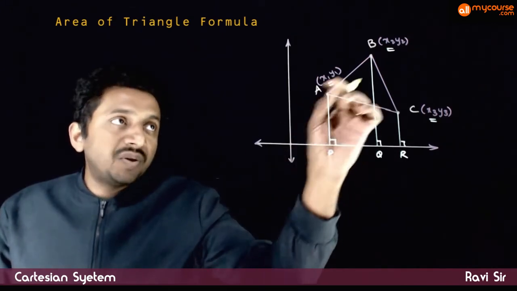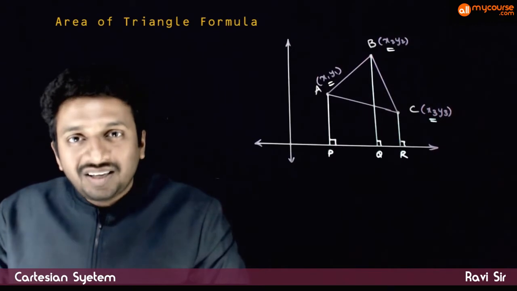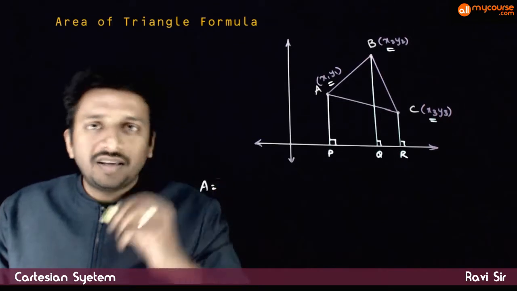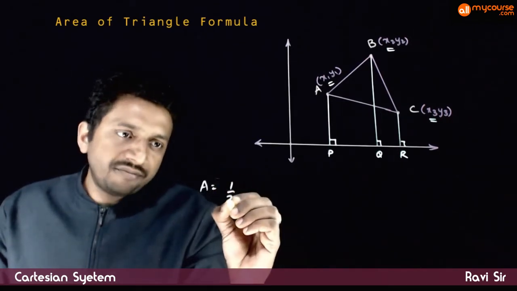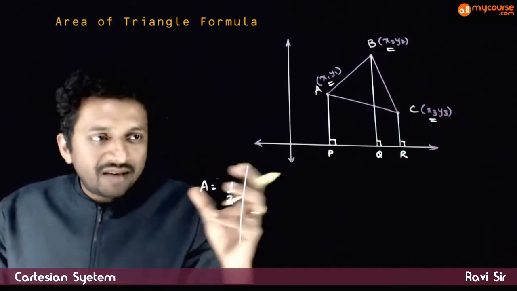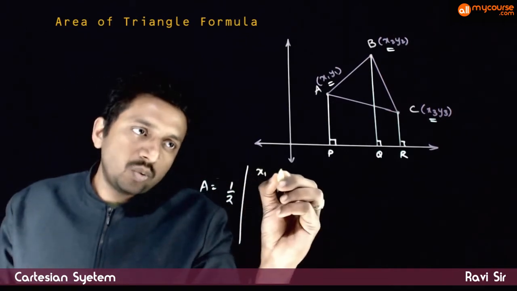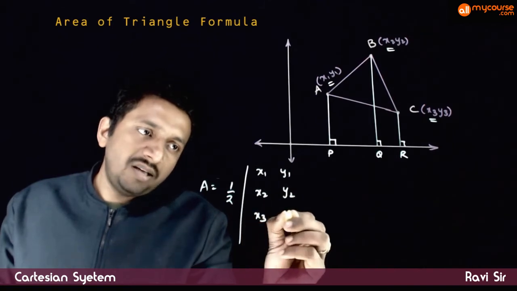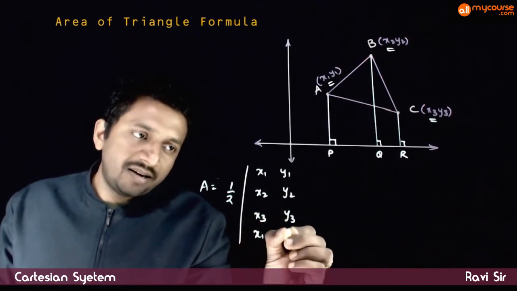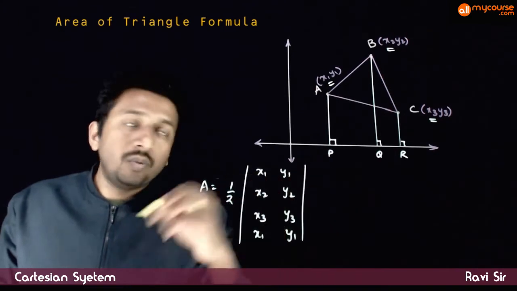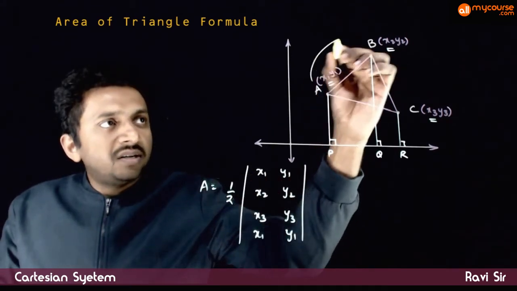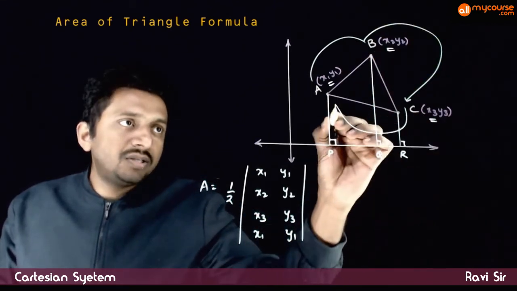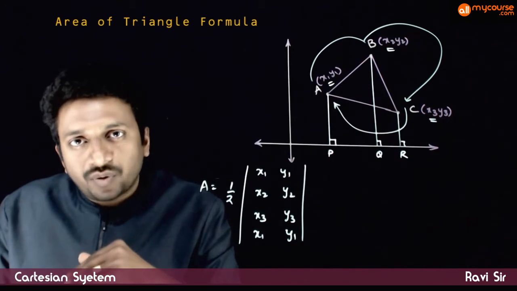Now if A is x1, y1, B is x2, y2, C is x3, y3, then the formula for area is given as half of, you have a stair which has x1, y1, x2, y2, x3, y3 and repeated by x1, y1. So you go from x1, y1, go to x2, y2, come back to x3, y3 and close the loop by coming back to x1, y1.